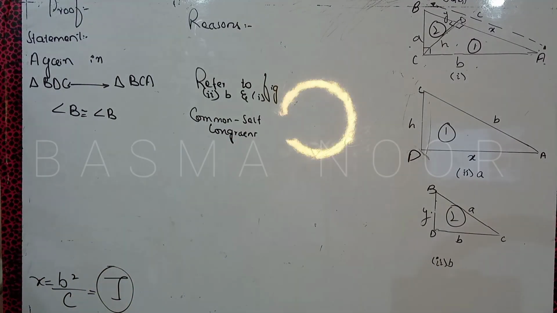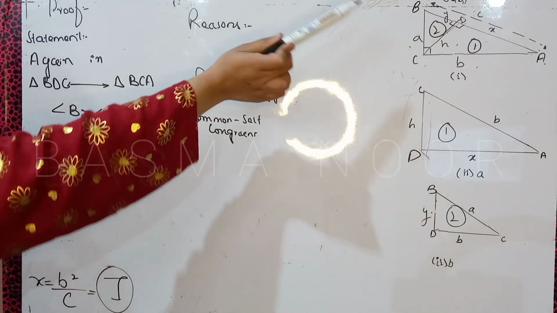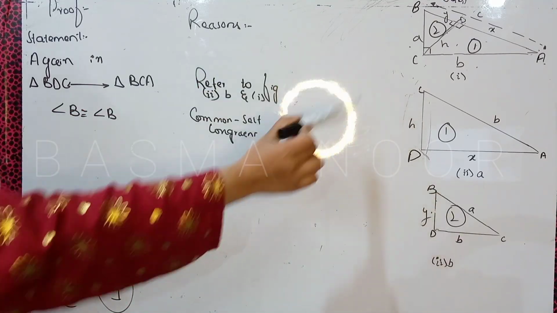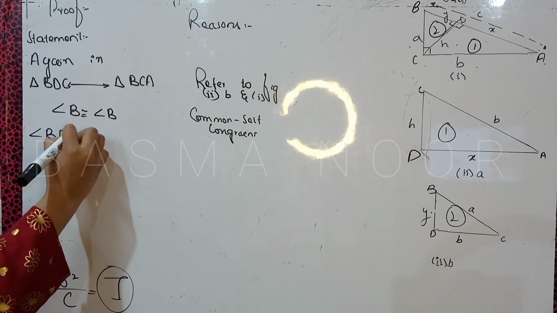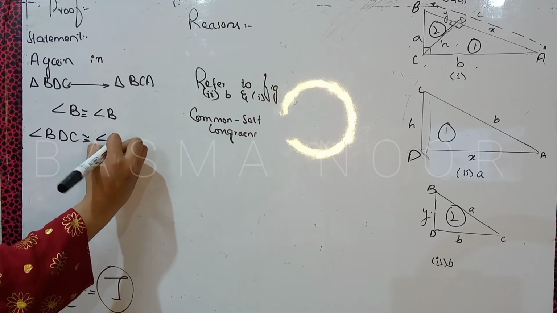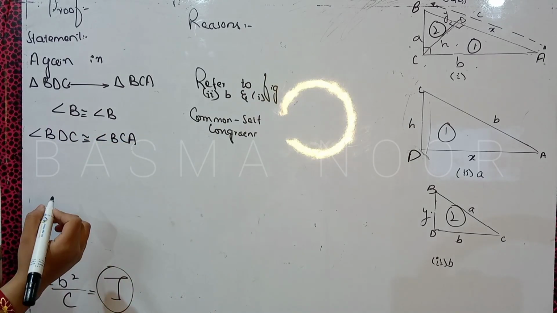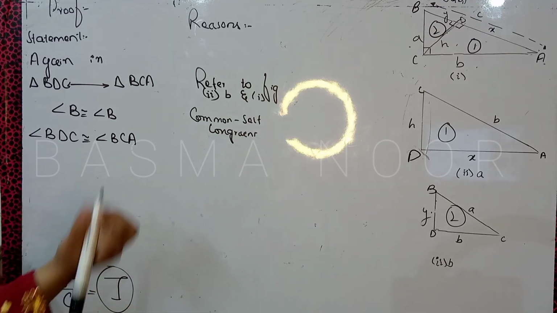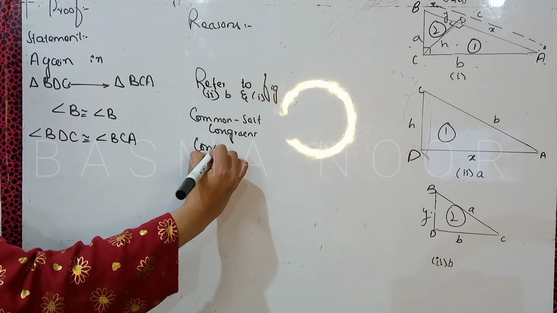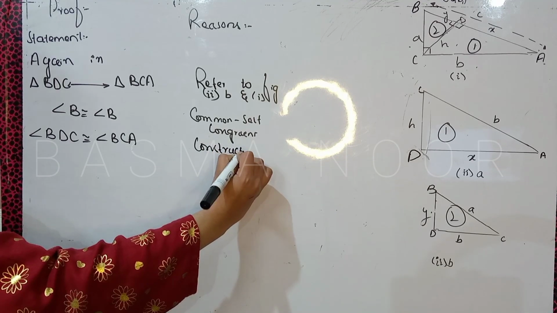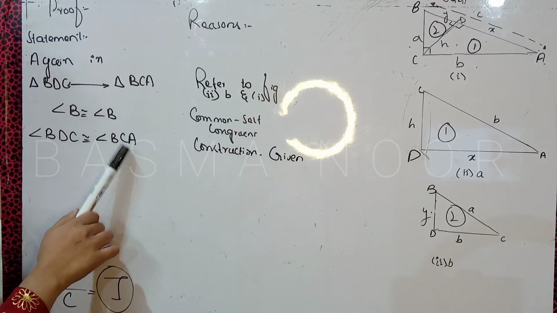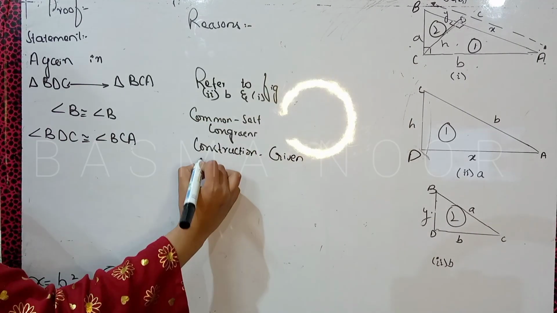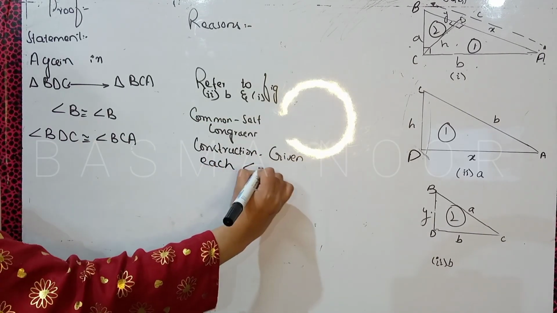Now, angle BDC is congruent to angle BCA. We are talking about D and C. Angle BDC is congruent to angle BCA. These are construction work as well as given. And you can see that we are talking here about C. So C is equal to 90 degrees. So each angle is equal to 90 degrees.